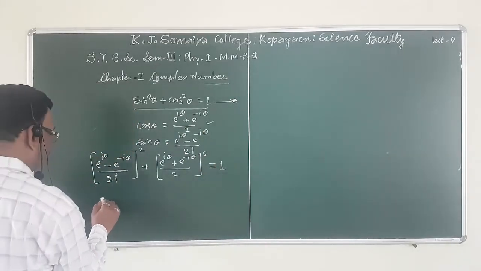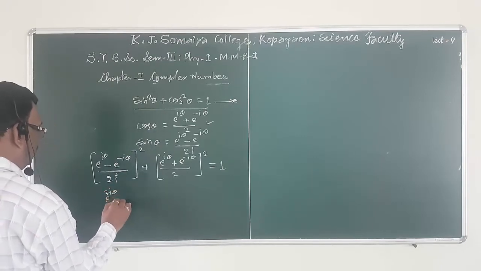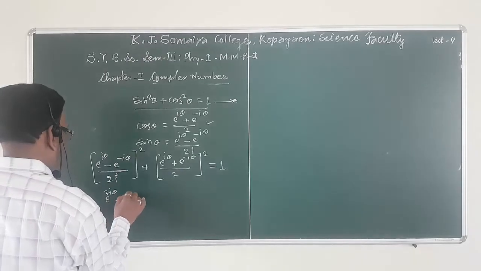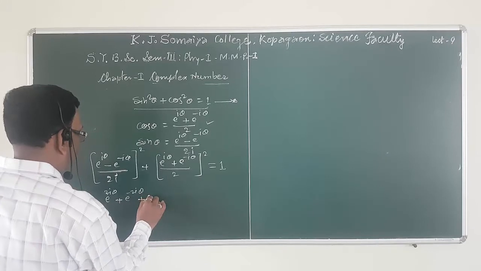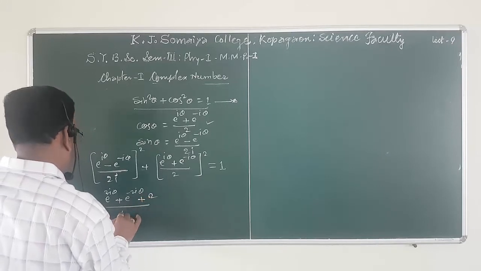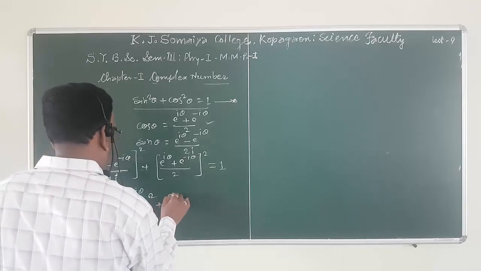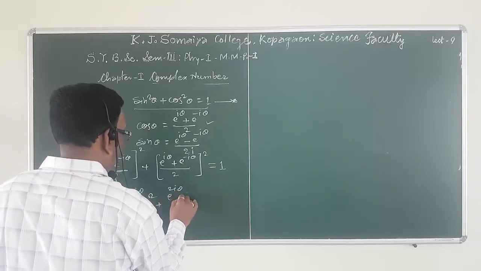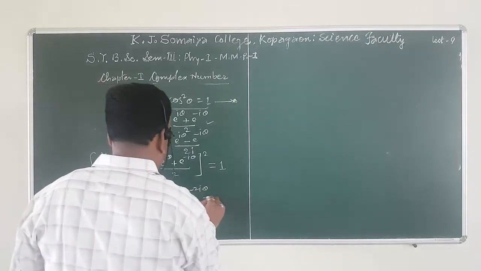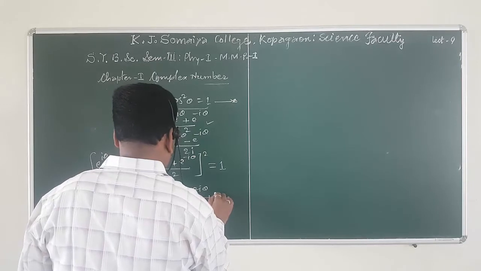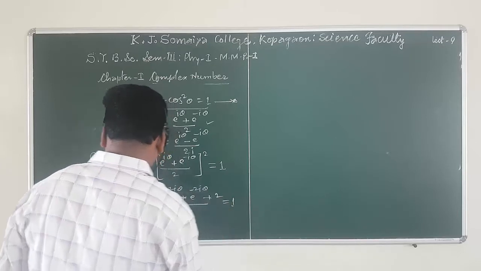Again solve this, we have e raised to 2i theta plus e raised to minus 2i theta plus 2 upon 4i square, plus e raised to 2i theta plus e raised to minus 2i theta plus 2 upon 4, is equal to 1.